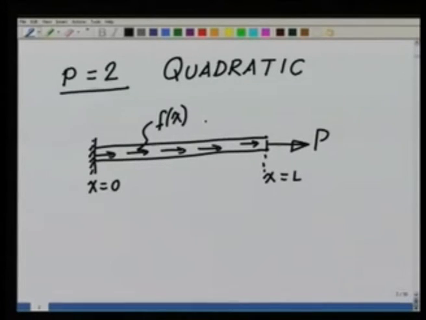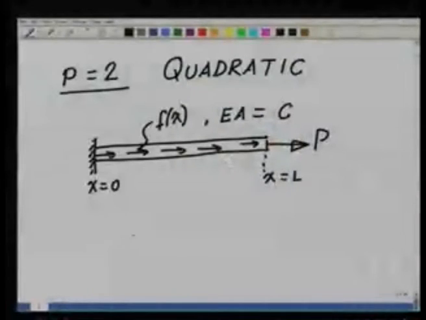Let us also take EA equal to constant in the domain. That need not be true. Given this data for the problem, let us now go ahead and do the approximation.